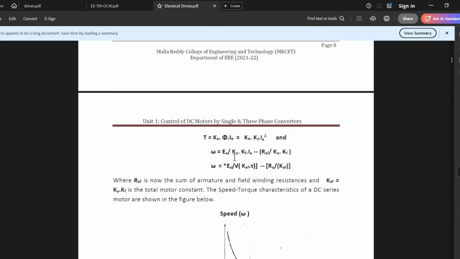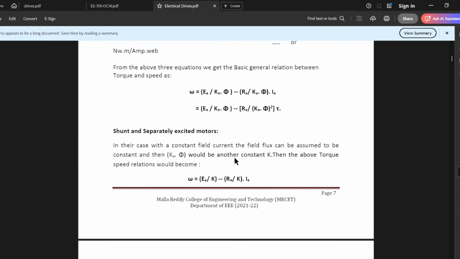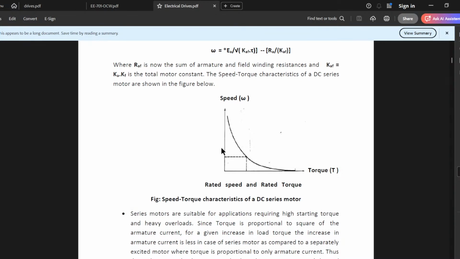So I can say EA IA upon torque minus RAF KAF. Yeah, that is much simpler. Why can't we include IA? In the previous equation, did we include IA or not? Oh, there was no IA. So how to get rid of this IA?